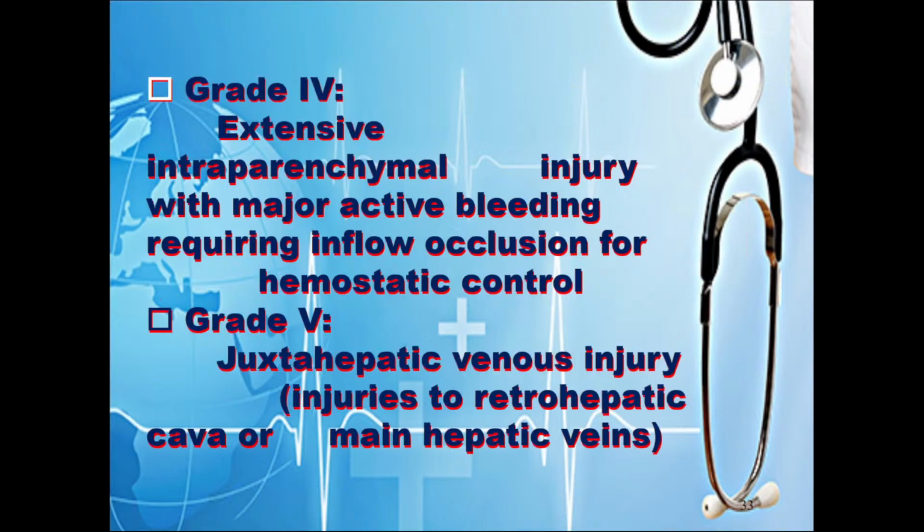The most severe damage is to the vena cava. To close the vena cava back to the liver, we need to come there, and it will need a wider opening of the abdominal cavity.